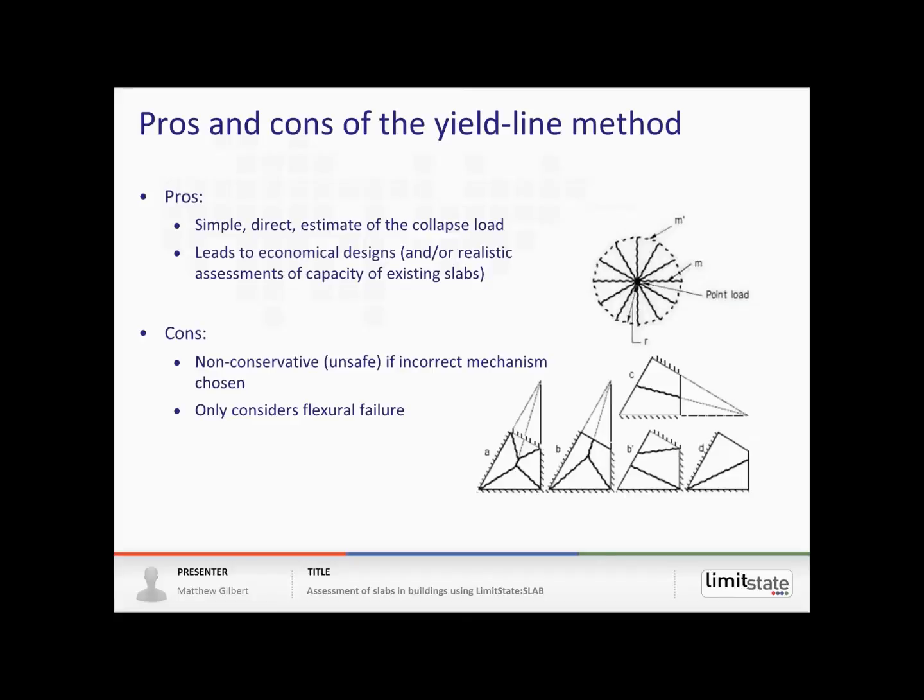So flexural failure is very often the driver behind the performance of a slab, but in some cases shear failure could occur, and obviously for service loads, if you're looking at it from a design context, you will want to try to predict deflections to check that your finishes, etc., don't crack. So it isn't necessarily a full solution for slabs, but it is a very powerful solution.